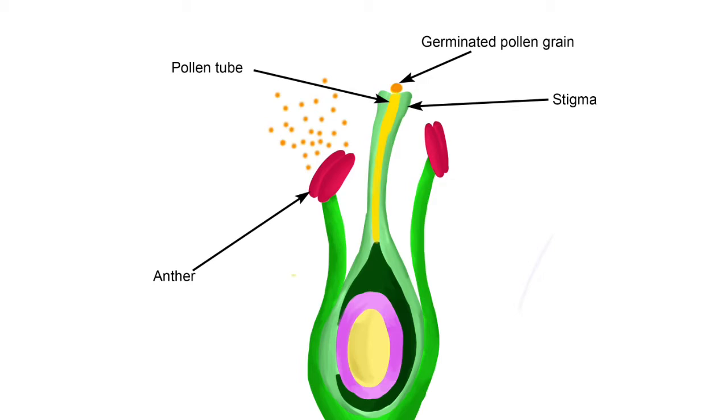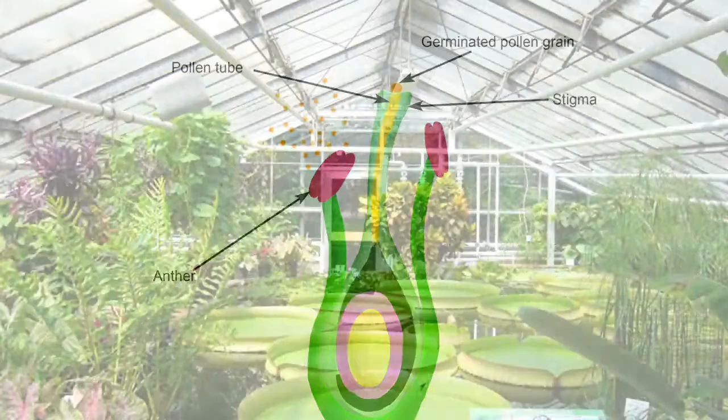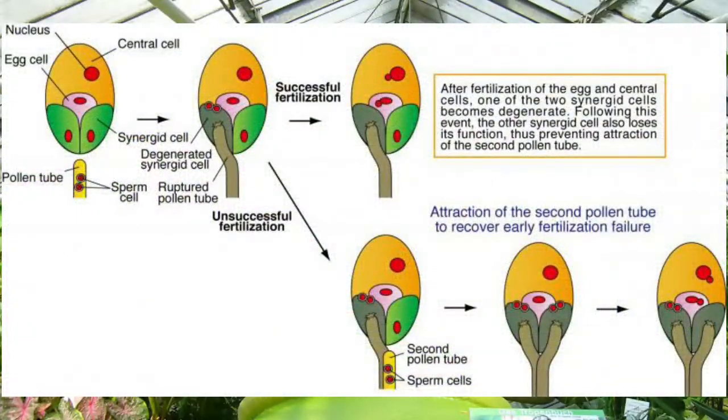The pollen tube enters the ovule and releases its male gametes. The male gamete fuses with the female gamete, or the egg cell, in the ovule to form a zygote. This process, a fusion of male and female gamete to form a zygote, is called fertilization. The cell which is formed after fusion of the gametes is called a zygote.